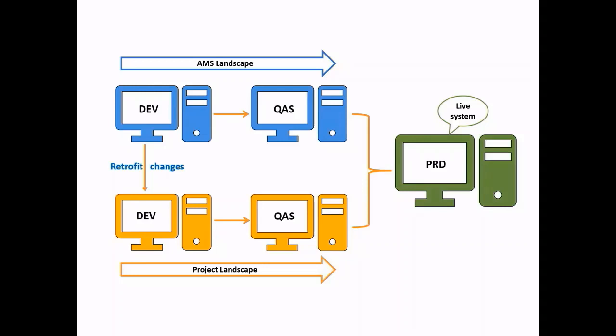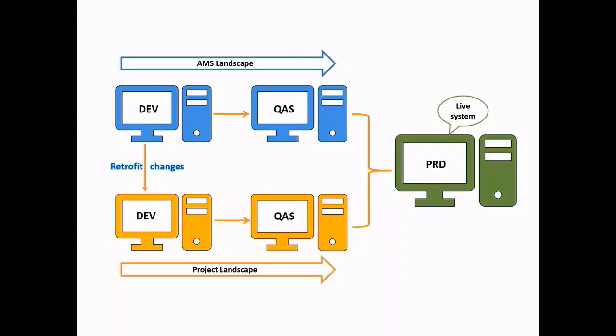So you need to check with the ABAP team whether they have moved the changes. After that, you can move the changes into the project landscape. I hope you understand this concept. By looking at the diagram, it's pretty neat and clean, and I think you can easily understand the picture.